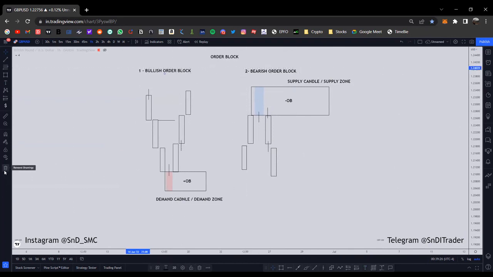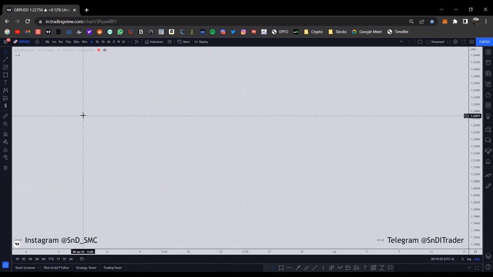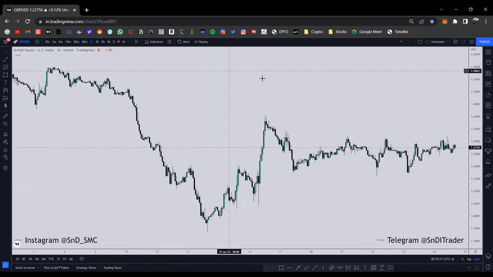So let's go to the chart and explain these things properly.